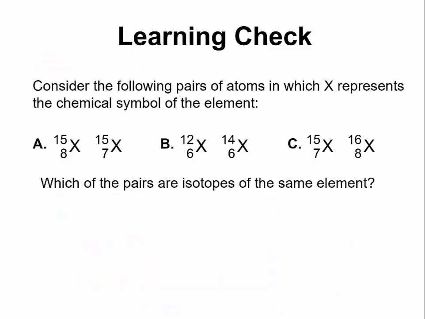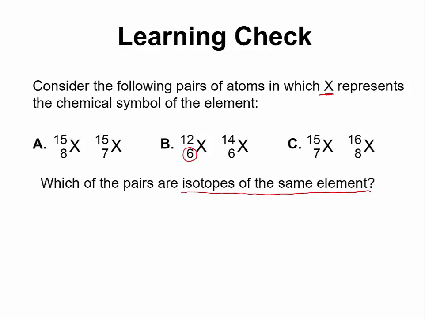Let us take a look at this question, just to be sure that we understand the concept of isotopes. Consider the following pairs of atoms, in which X represents the chemical symbol of the element. Which of the pairs are isotopes of the same element? To be isotopes of the same element, they must have the same number of protons.